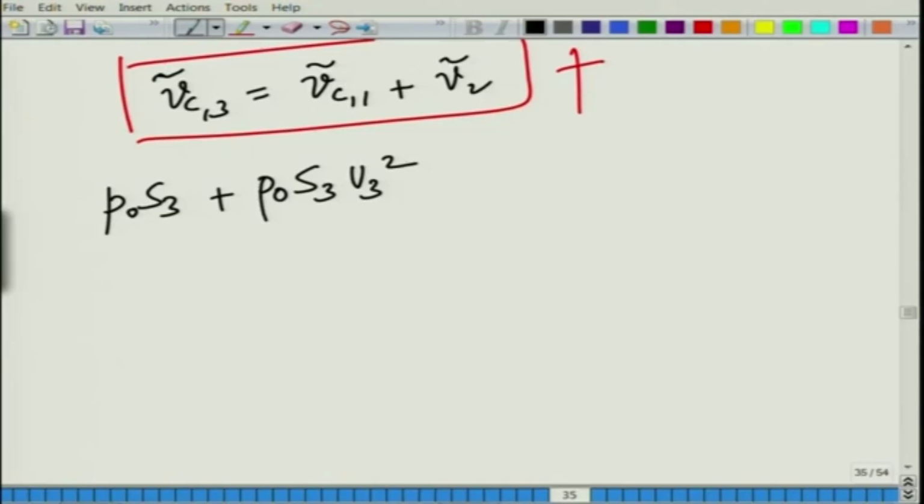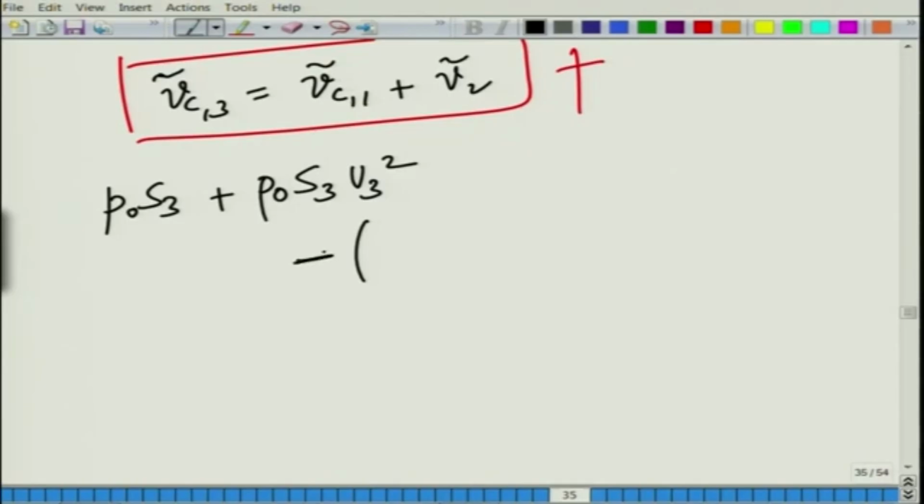So, we have this thing plus C1 times, C1 is a constant, basically for an extended inlet element C1 is minus 1.